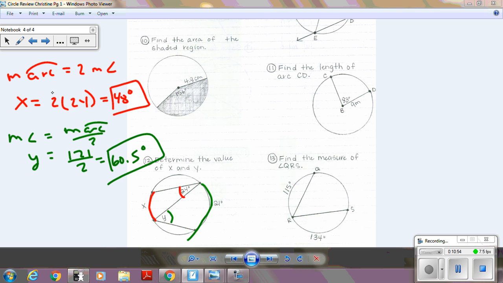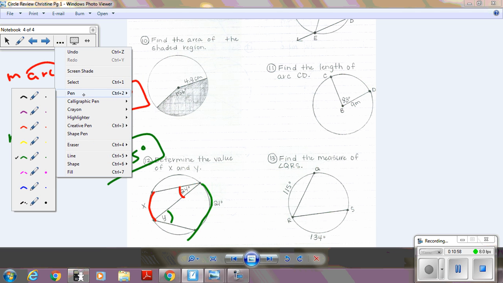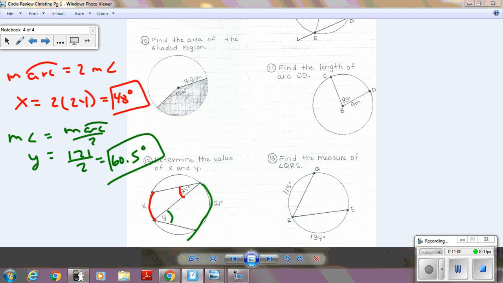On number 13, they would like for us to find the measure of angle QRS. If I trace it, QRS, so it's this angle here, which is associated with arc QS. So I need to first find the measurement of arc QS, and then I would use one of the two formulas we just used in the previous problem.